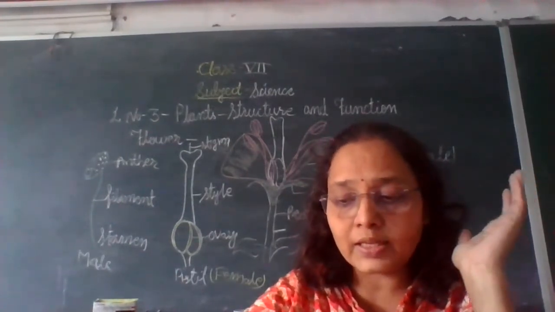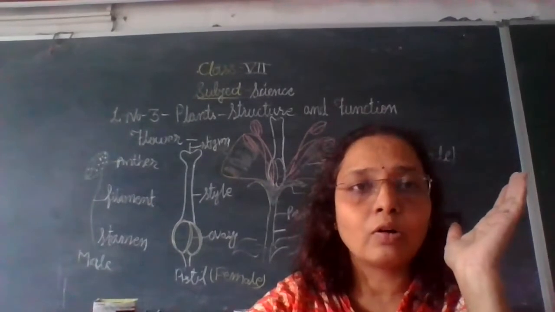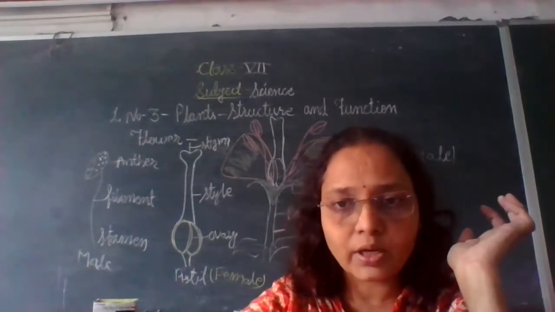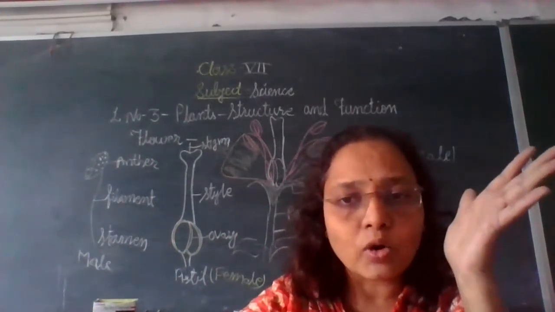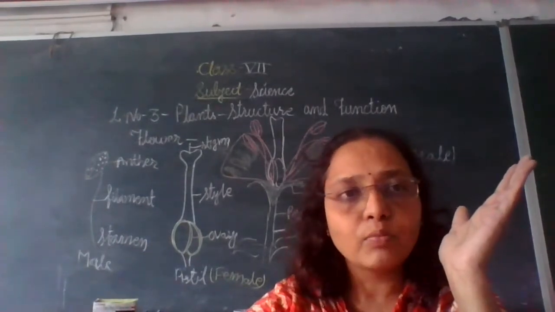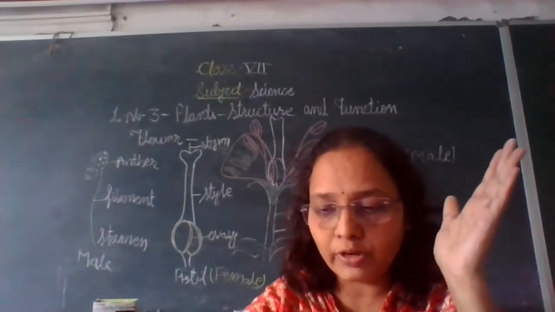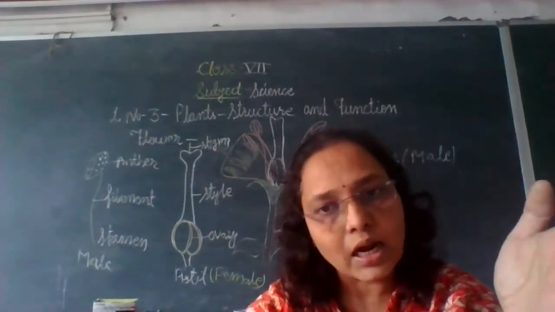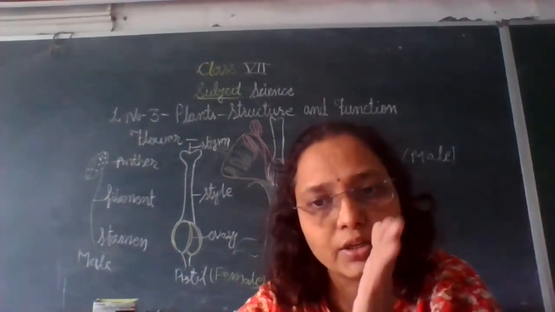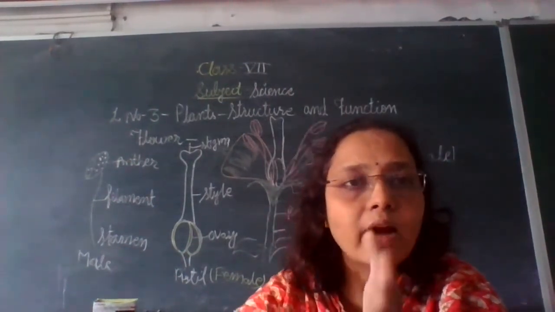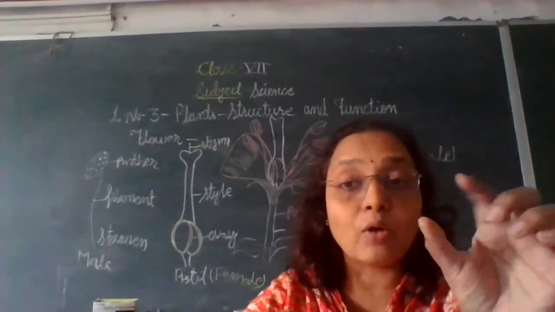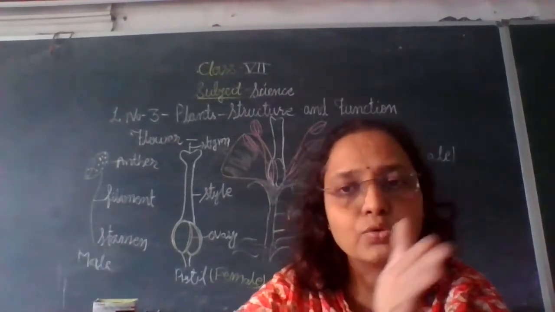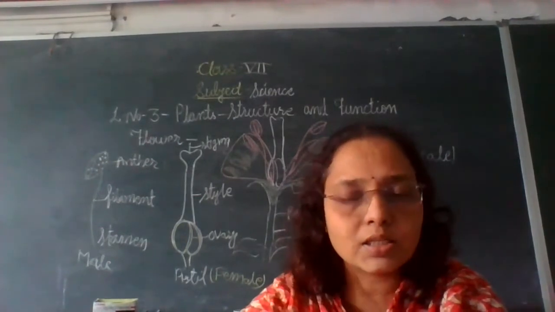The seeds are also of different types. Some seeds are dicotyledon seeds and some are monocot seeds. The seeds that divide into two equal parts are the dicot seeds. When you cut the seed through the center, if it is divided into two equal parts, like groundnut and cashew nut, those are dicot seeds.